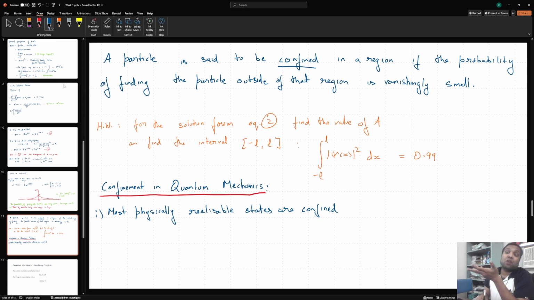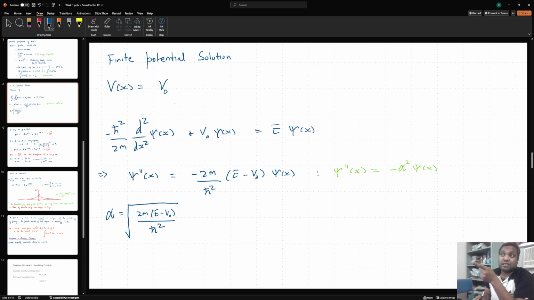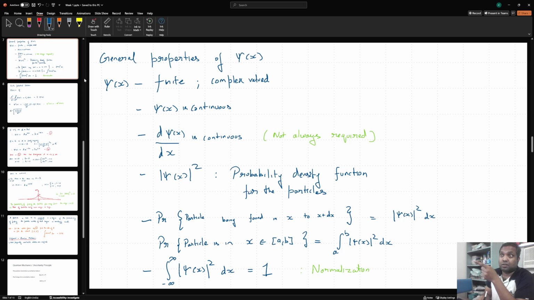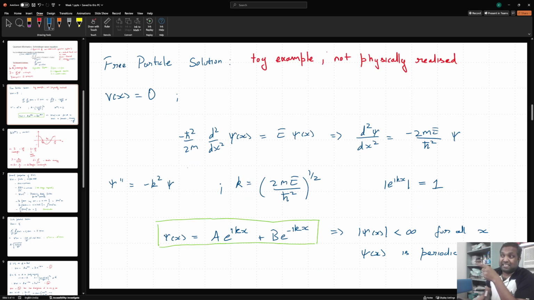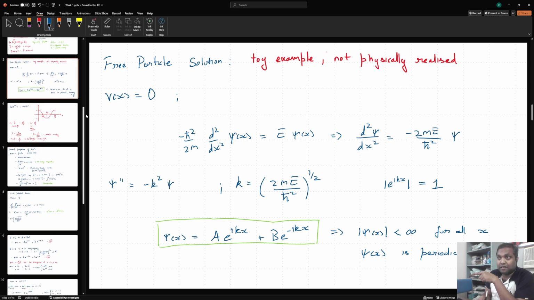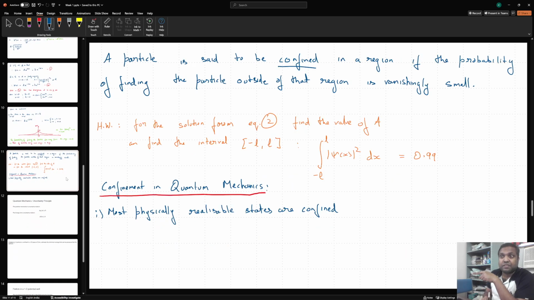And any non-confined state has to be something like this, and we know that this is never physically realized. So we have already kind of seen that. So all physically realizable states are confined states.